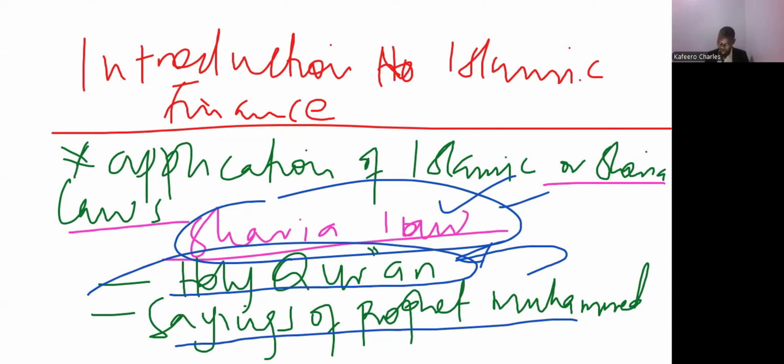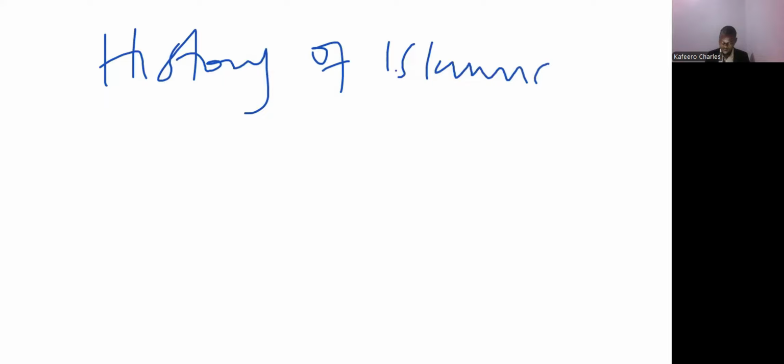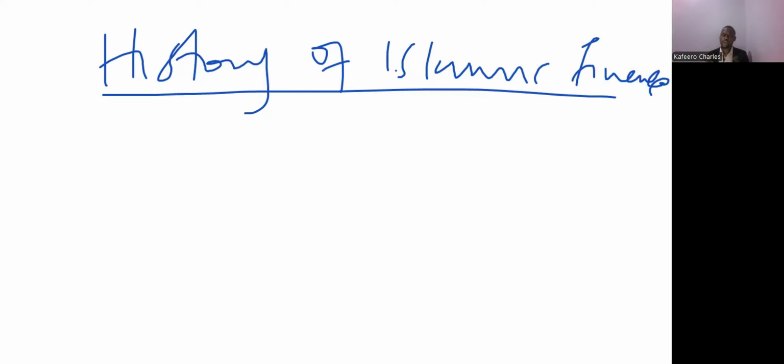So we now need to look at the history of Islamic finance. We just want to look at the origin, how it started to operate. We've known that it came from the aspect of the Sharia law, the law that was based on the sayings of Prophet Muhammad that were organized into what we call the Holy Quran.